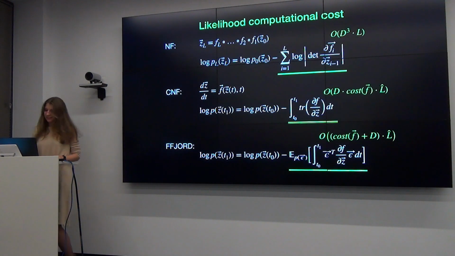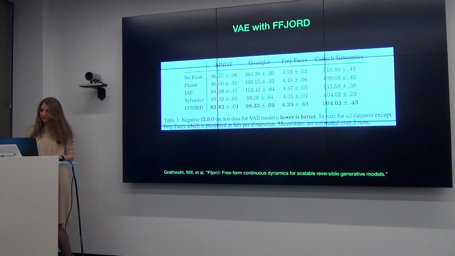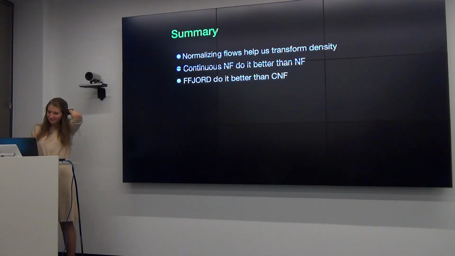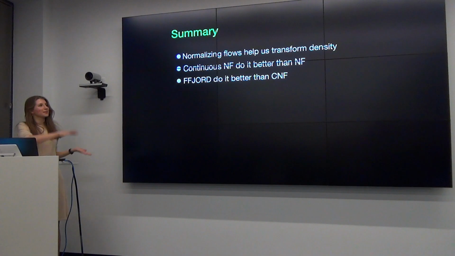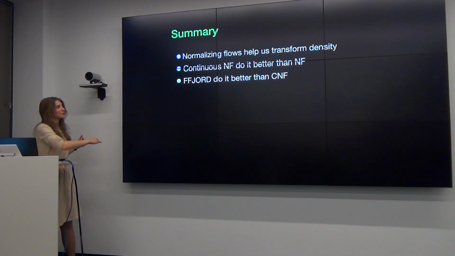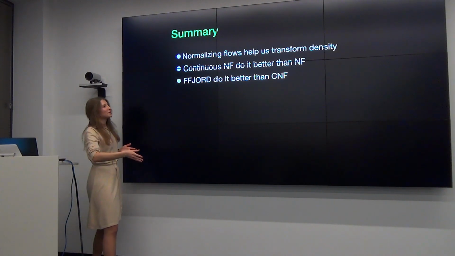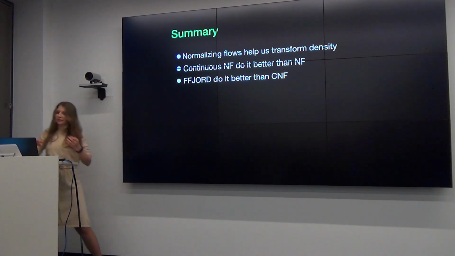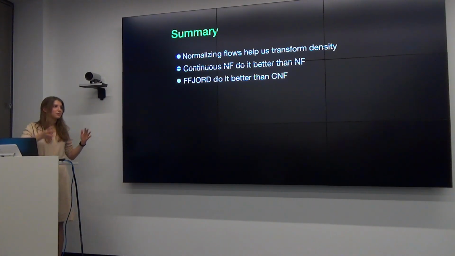Okay. And in summary of my talk, we can use normalizing flows to understand how density is transformed. Continuous normalizing flows do it better than ordinary normalizing flows because we don't need to put restrictions on our Jacobian.